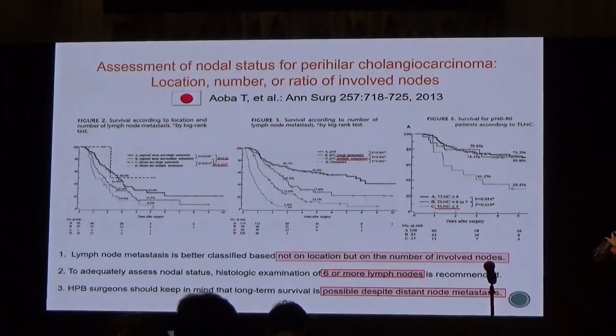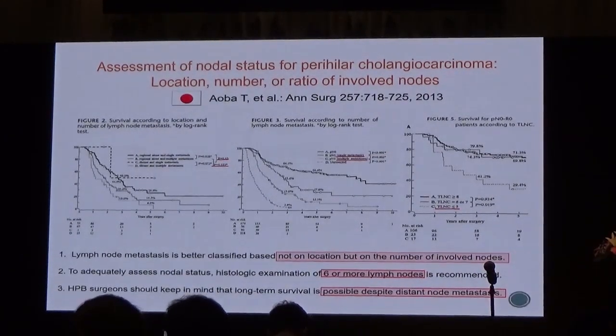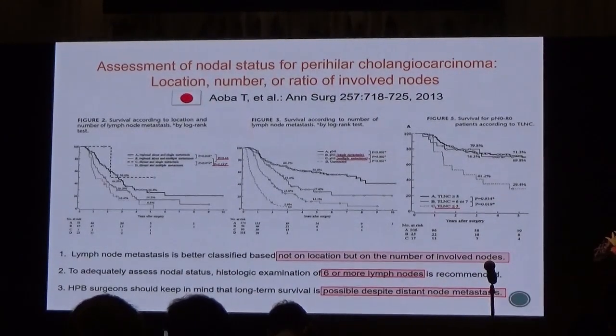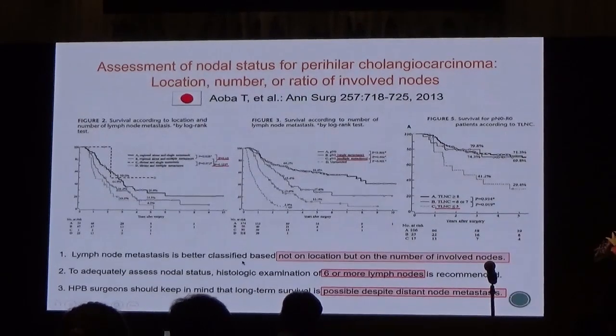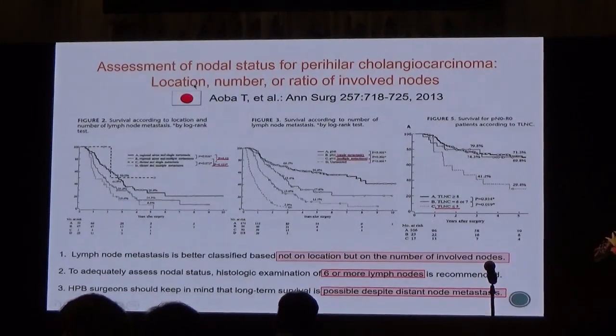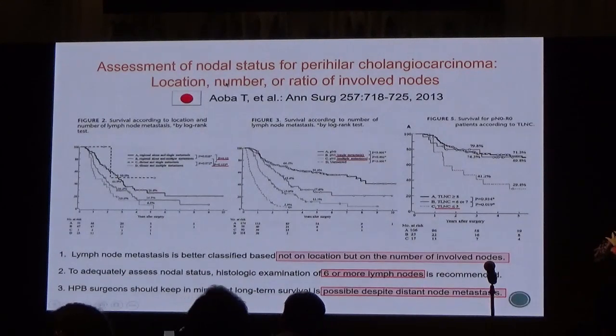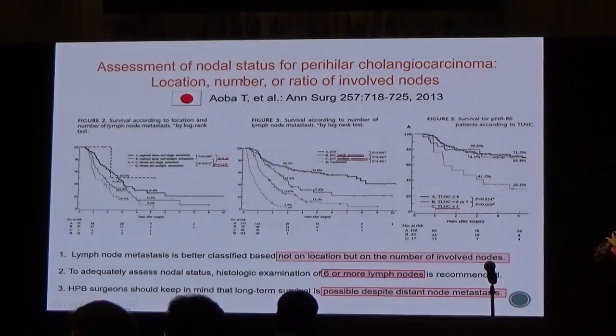Last one is a little bit different approach. Lymph node metastasis is better classified not on location, but on number. The number of positive lymph nodes is very important.